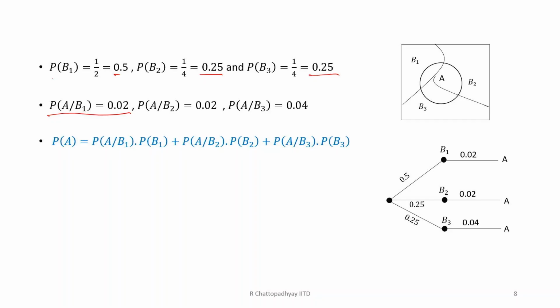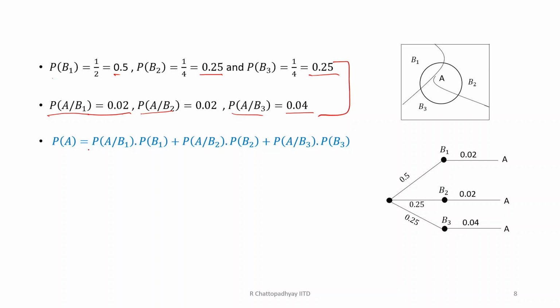So I write P(A|B1) is 0.02. Similarly, P(A|B2) is also 0.02, and P(A|B3) is 0.04. So these things I am writing because they are already stated in the example. So nothing to think, straight away after reading the numerical, you will be able to write these values.